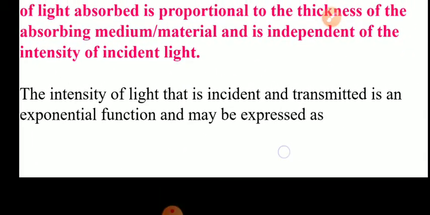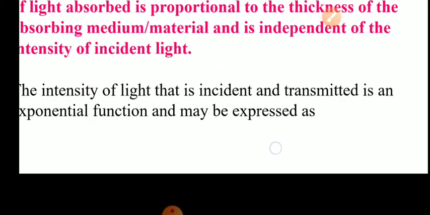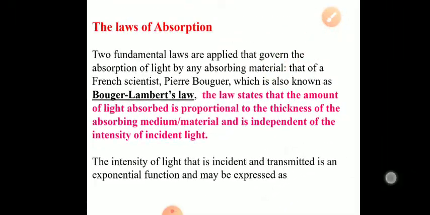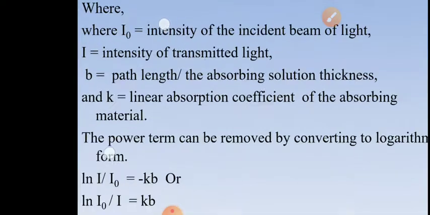The intensity of incident and transmitted light is an exponential function, and we can represent it as follows. This is the expression for the Lambert-Bouguer law that is asked in exams, so study it very carefully.